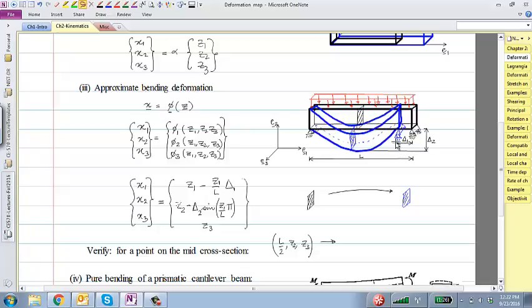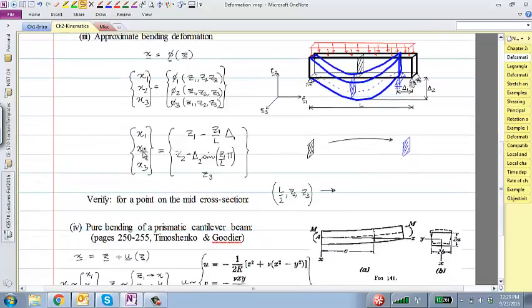So when we say for the first component that the shift on the right hand side is delta 1 to the left, we are assuming that corresponding points throughout the beam will also shift in a proportional way. The right hand side is shifting by delta 1, so all the points to the left of it will have a proportional shift of delta 1, where the proportion will be simply equal to z1 over L. So go to any point z1, its shift to the left would be z1 over L times delta 1.